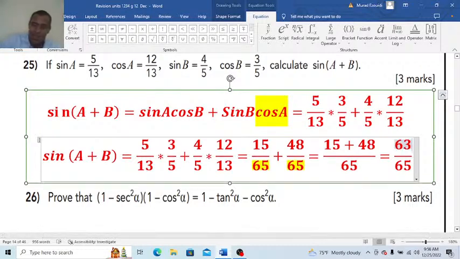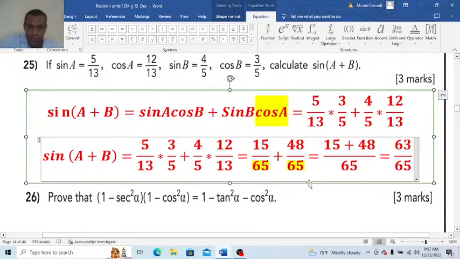Approximately, we told that 63 over 65 will be approximately 0.96, okay. This is how we, learners, figure out the sine of a plus b, okay. You can leave your answer as a fraction, okay.